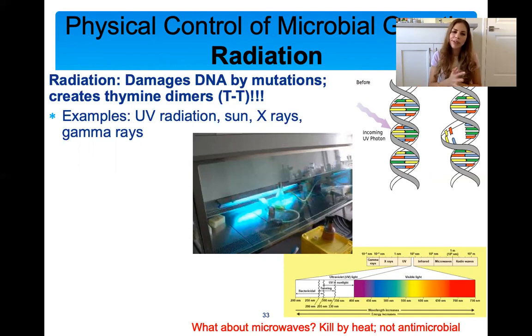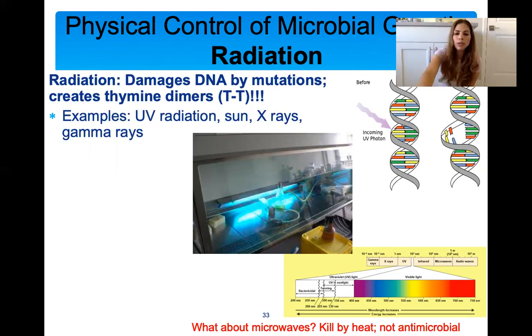I know a lot of people are using UV radiation right now for various ways of controlling coronaviruses. I saw online and on Amazon, people are buying UV lights. It's the same thing with sunshine, X-rays, and gamma rays. Sunshine will kill microbes because of creating thymine dimers by damaging DNA. This is also why sunshine over a long time can cause skin cancer, because of all the mutations, all the changes done to DNA.